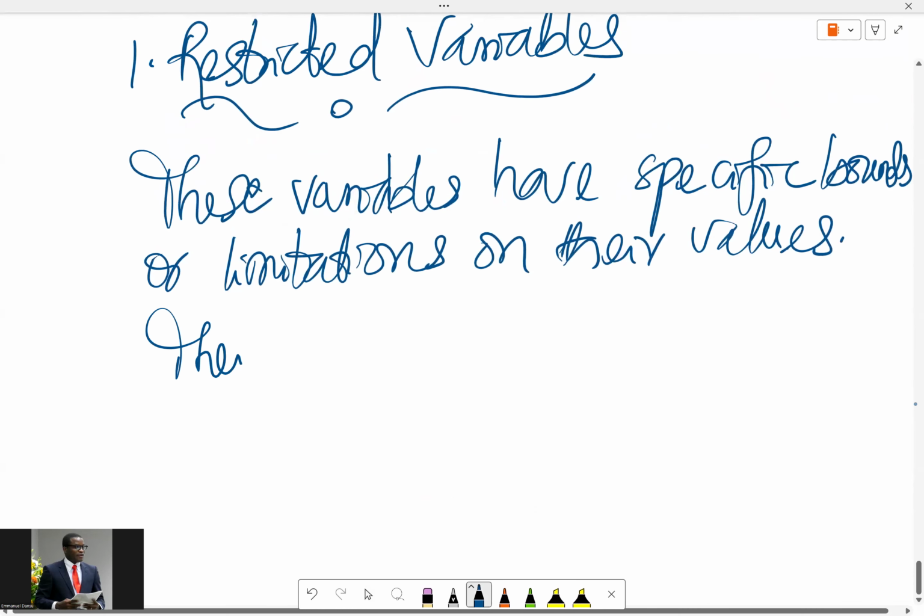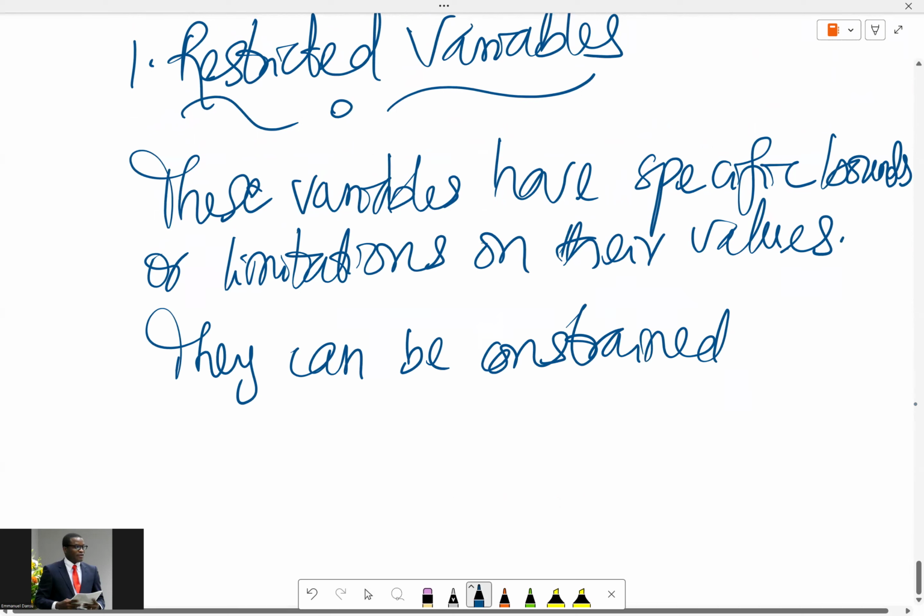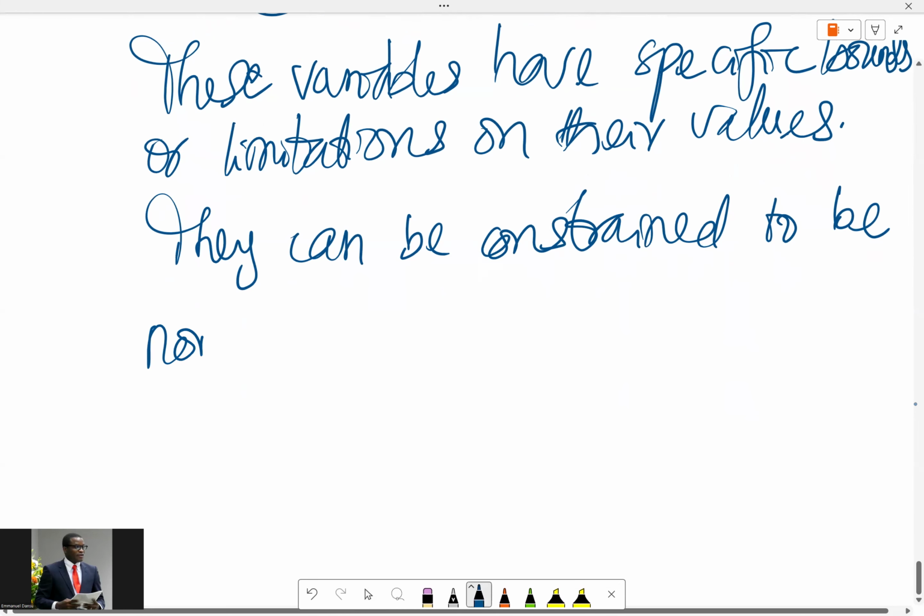They can be constrained to be non-negative, typically represented as, say, X is greater than or equal to 0.